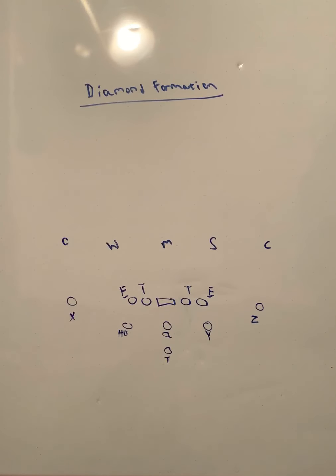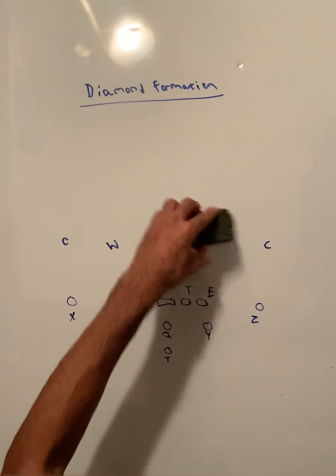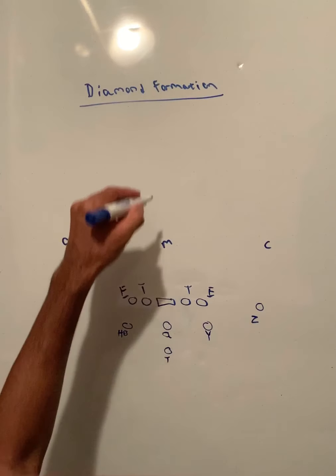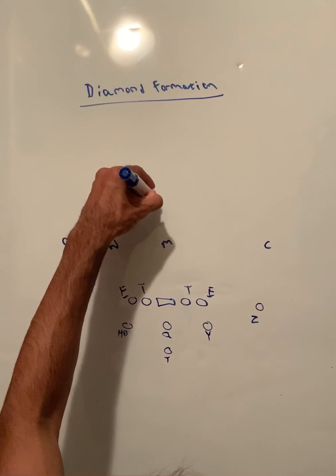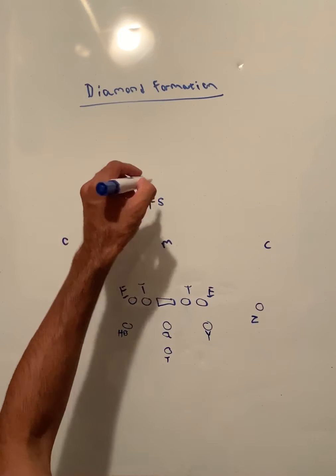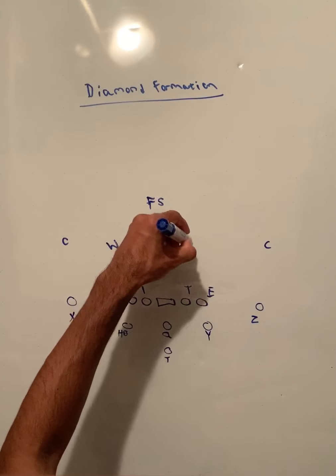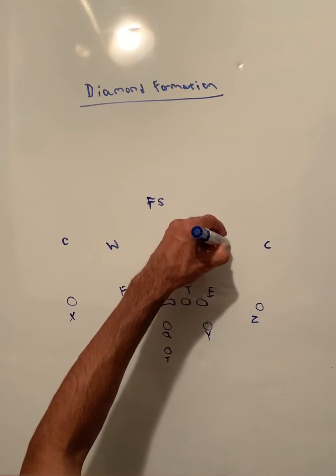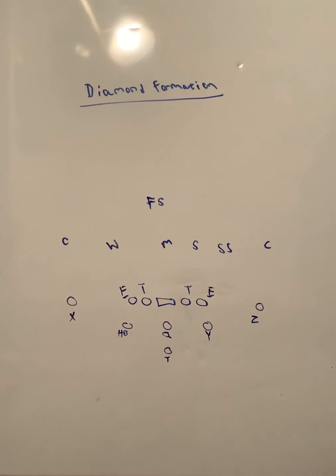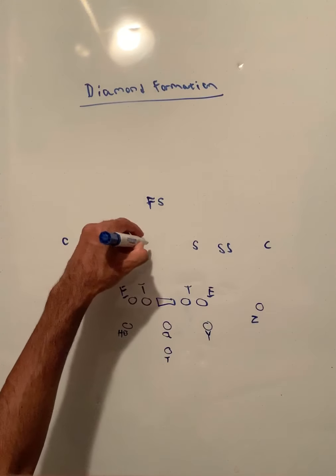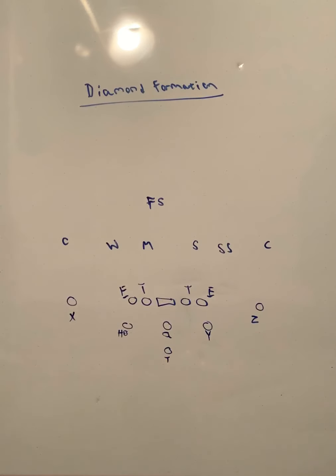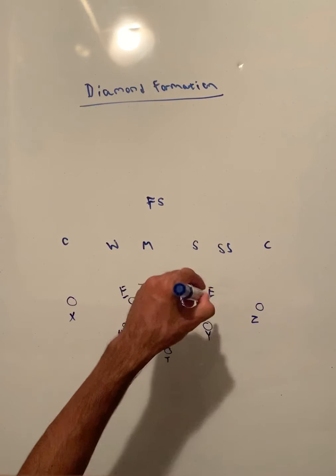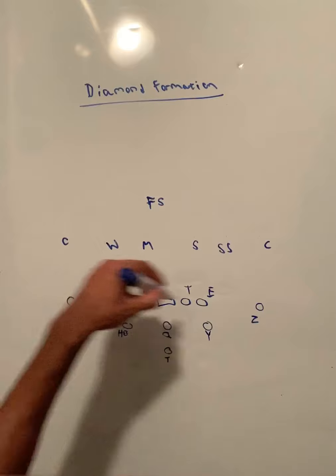And then let's say we've got a single high look. So this is going to be our free safety right here, right? And we're going to have a Sam and a strong safety. So basically we're going to have an 8-man box, which means that you've got 1, 2, 3, 4, 5, 6, 7, 8 defenders in the box here.